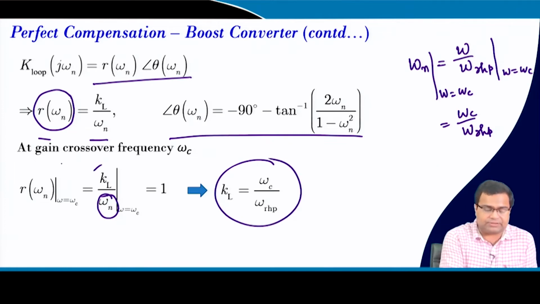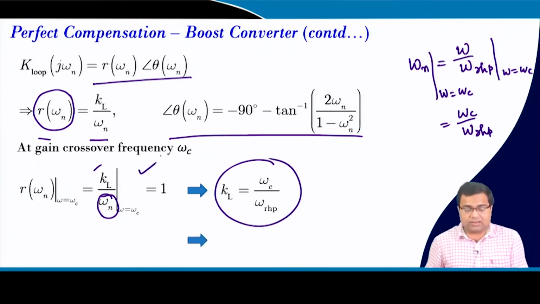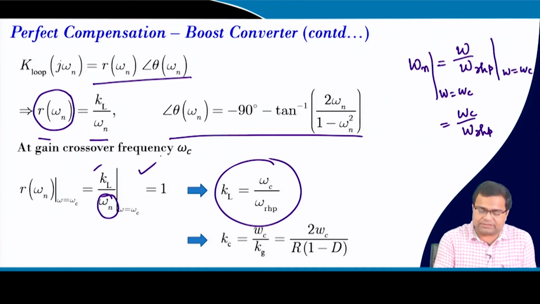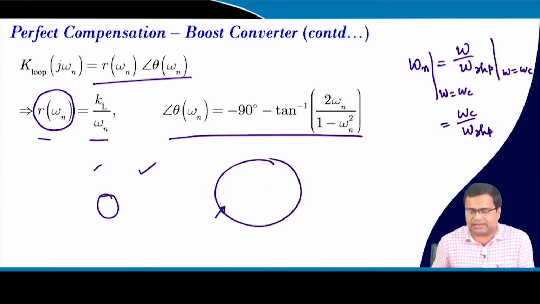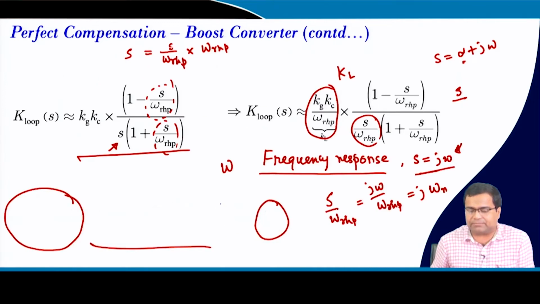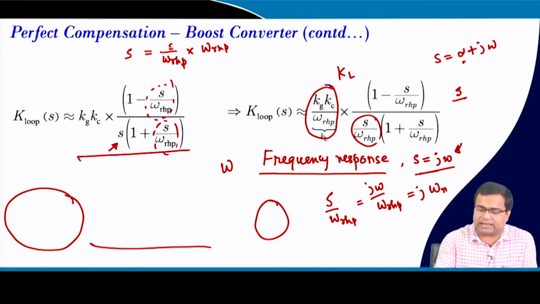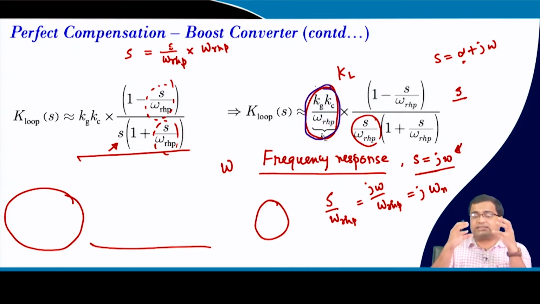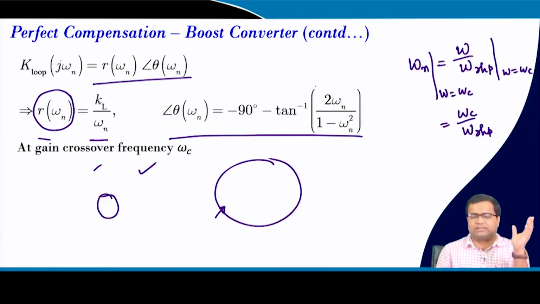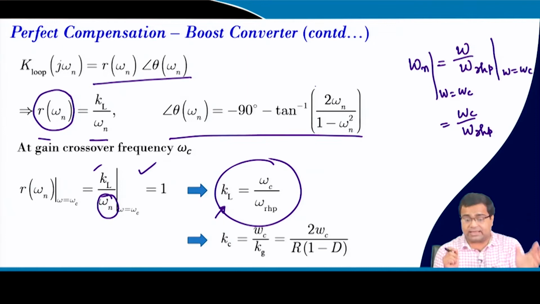So, we are getting this expression from here. If we substitute the K_L expression, where is my K_L? We have discussed it in the previous slide, yeah, this is my K_L expression. Kg is the DC gain of the plant, Kc is the DC gain of the controller, and the omega RHP zero. If we write all the expressions, then we can get it here.